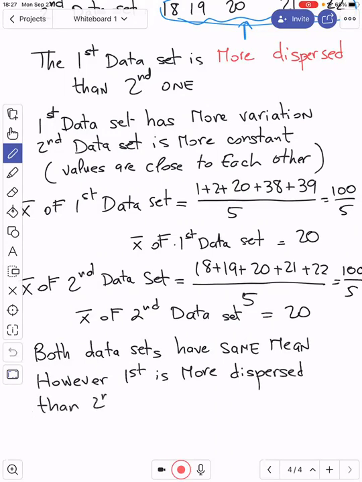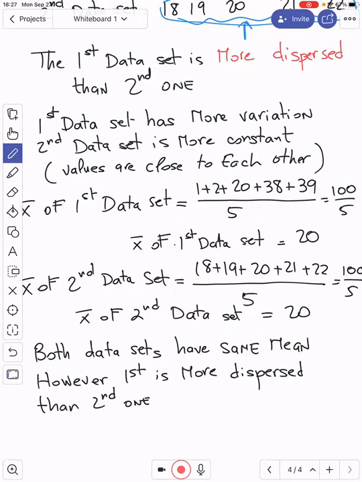The measures of variation, or measures of spread, are going to help us better understand the data. Because here, as you can see, both data sets have the same mean, however they have different variation. One is more dispersed than the other one.